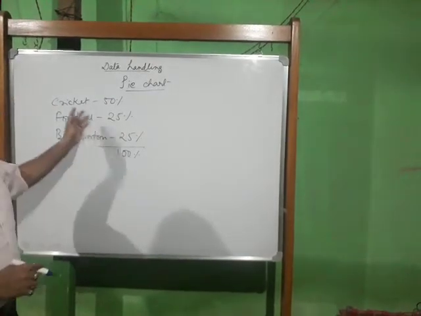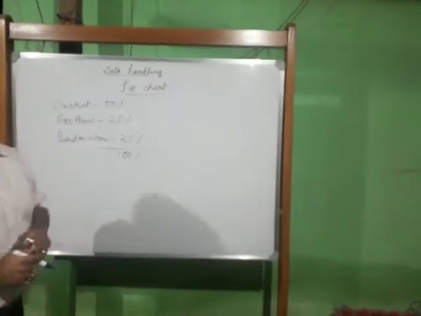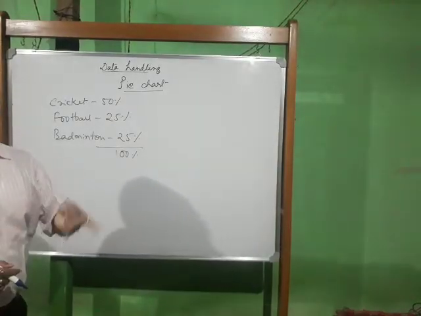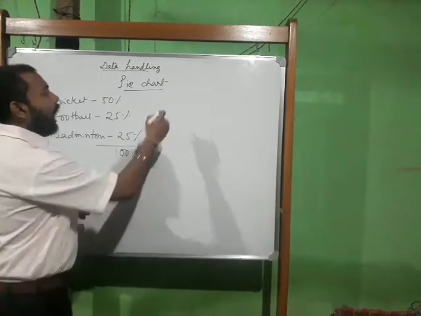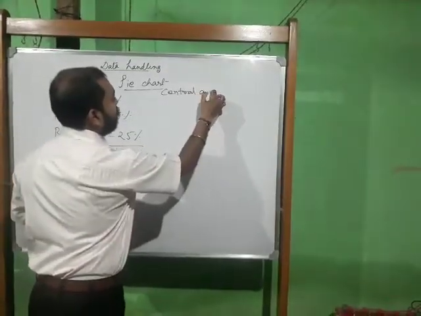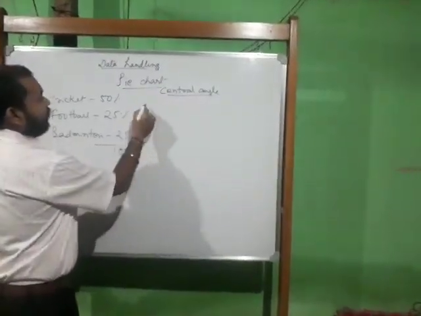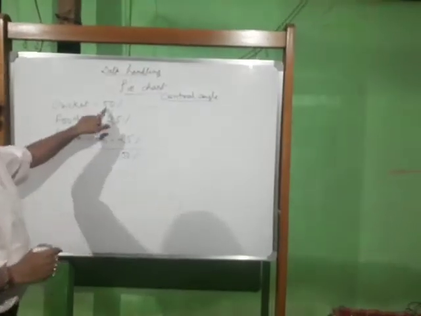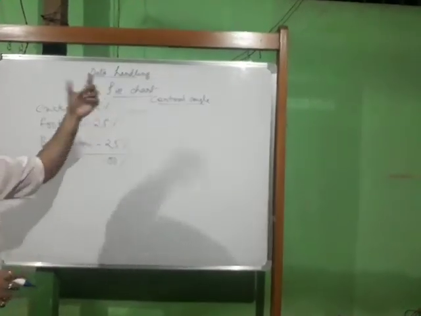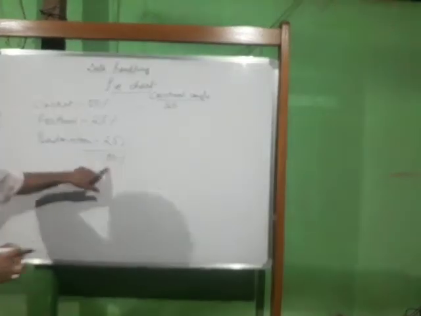Now to represent this, you see here the data is in percentage, so we have to convert this into angles, and that is known as the central angle. How to find the central angle? You see here 50%. So what will be the fraction? That is 50 out of the total of 100%.